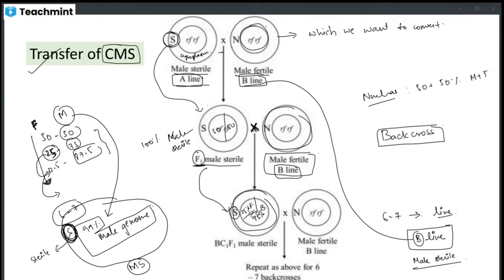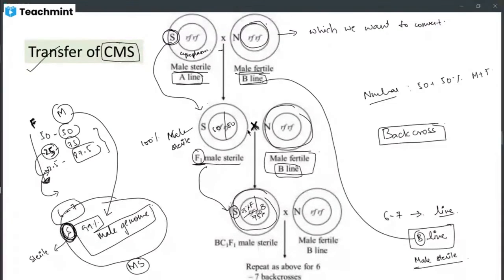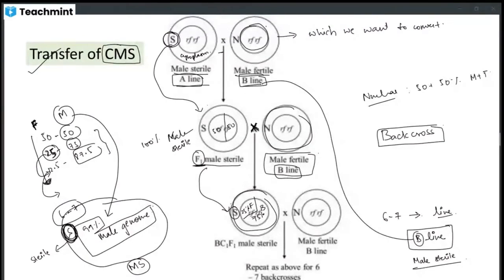So what will be the nuclear condition then? Nuclear condition is male side dominant, sir. After 6 to 7 back crossing, it will be 99.99% from your male side.